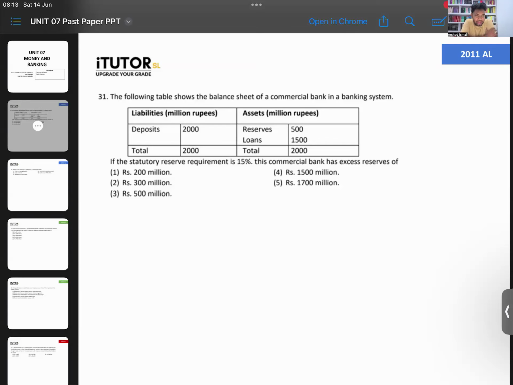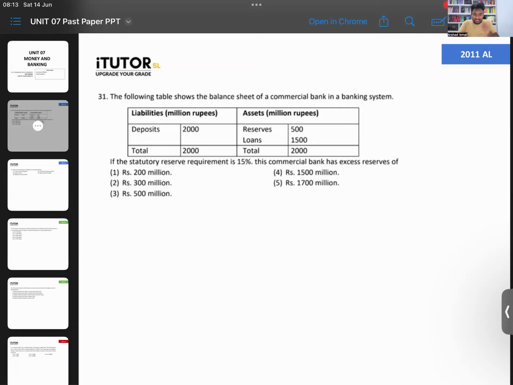So based on this, can you all quickly tell me what they have given us? The table below shows the balance sheet of a commercial bank in a banking system. So is this the balance sheet of one single commercial bank or of a banking system? What do you all think? That's how you figure this out, with reading. The more you do, the more you will be able to practice this.